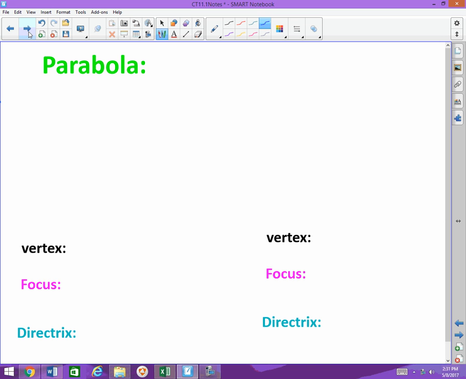Then you have a parabola. And a parabola, as you know from functions, they are like this, or they are like that. But we can now have parabolas to the left and to the right, because they're just not functions.